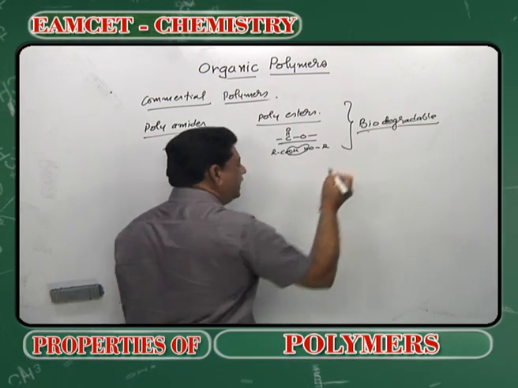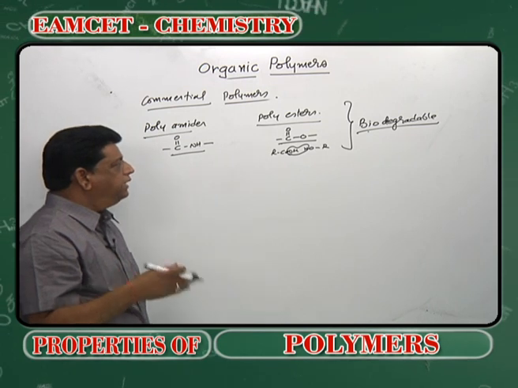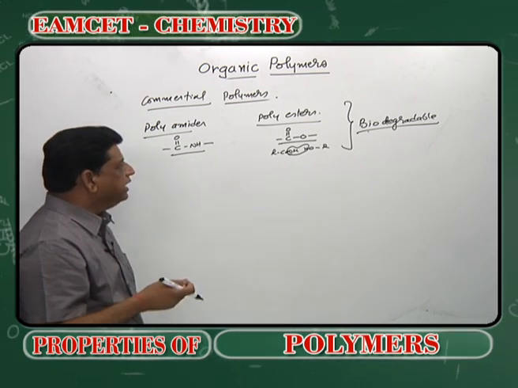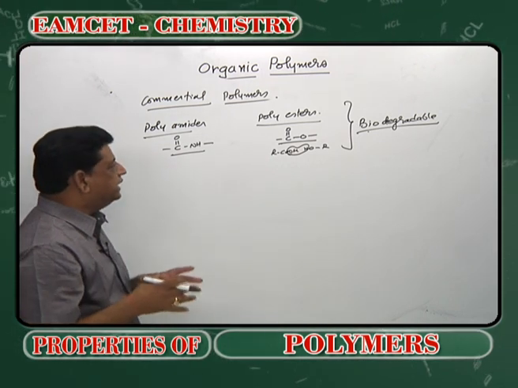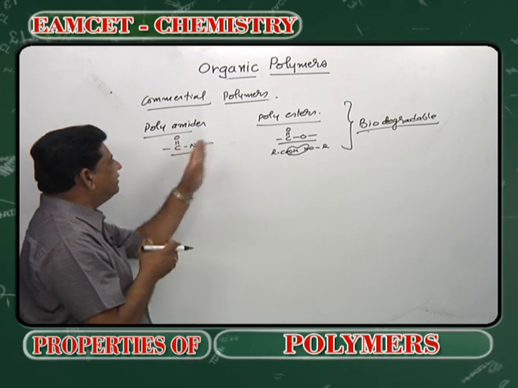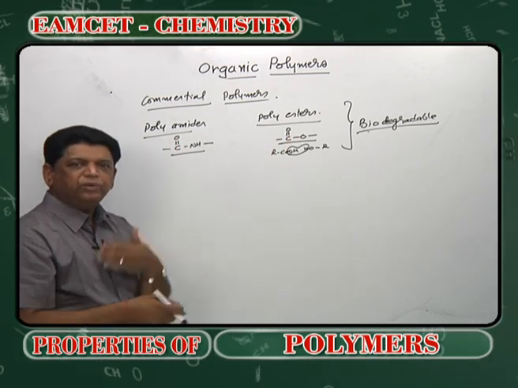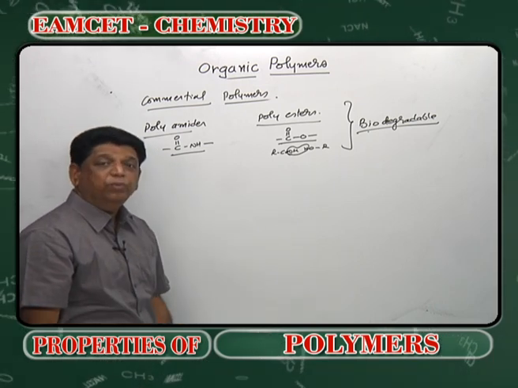What is biodegradable? When this polymer is thrown away, it will decompose slowly with the action of sun and water and some biological species, bacteria, virus and so on. They attack, they break it by hydrolysis and make smaller molecules, and it will come into the carbon chain, so therefore there is no pollution.